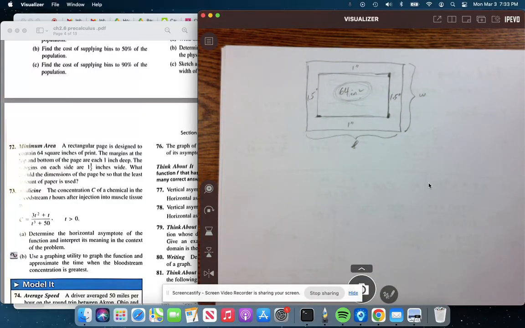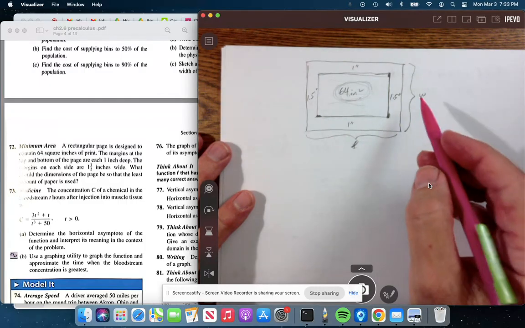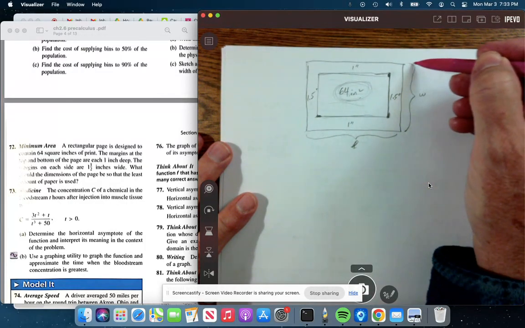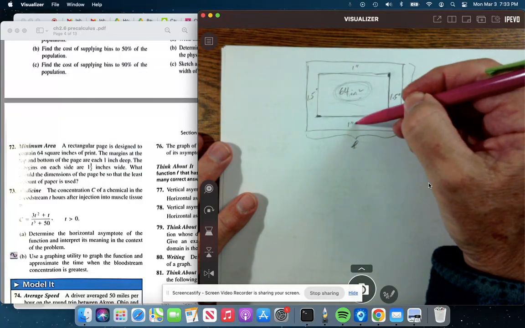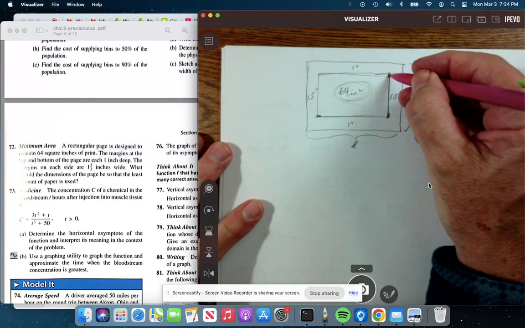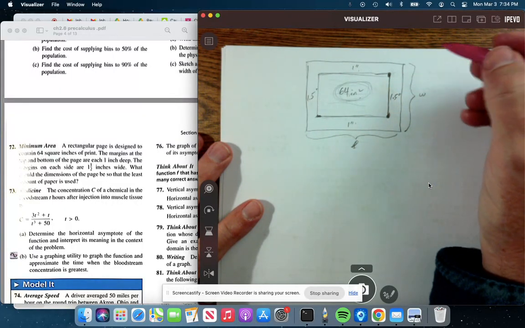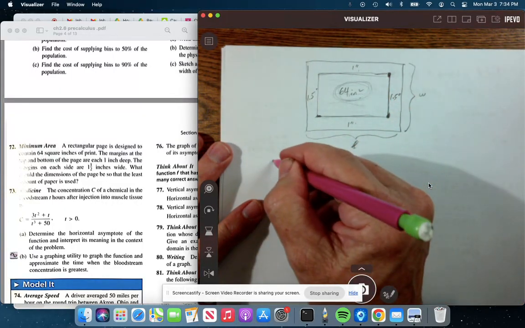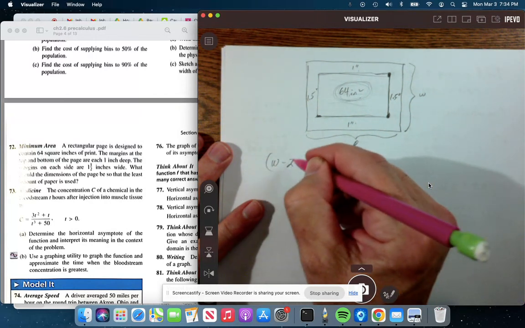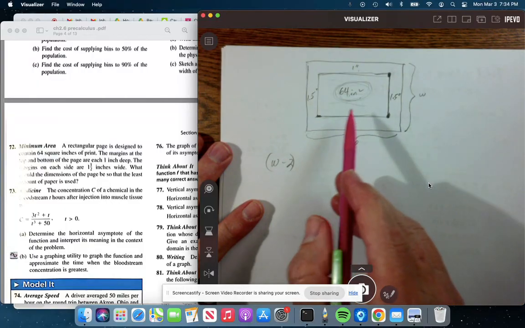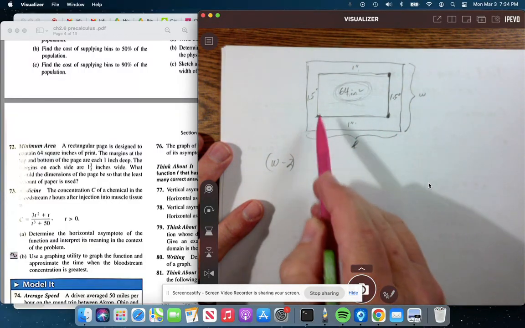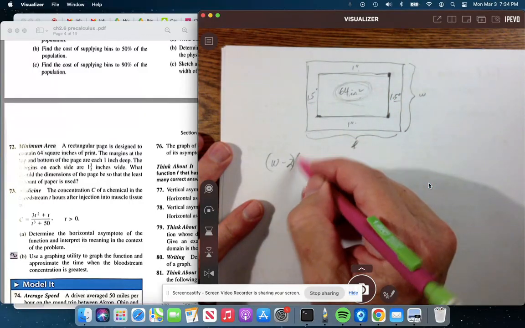All right, so what I'm going to do is say the distance from here to here is W, take away 2, right? Top and bottom. So this is W minus 2. And this dimension is L minus 3.